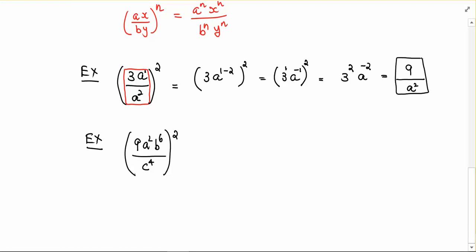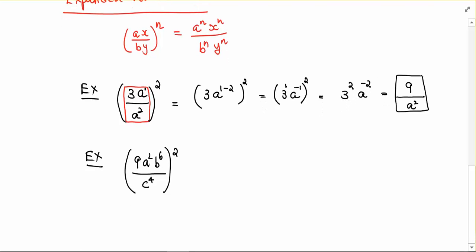Okay, so I'm going to use the expanded power rule. So before I do anything, I'm going to look inside here to see if I can use any of my rules to combine anything, simplify anything. Nothing combines or simplifies, so then I can move on to using the expanded power rule.